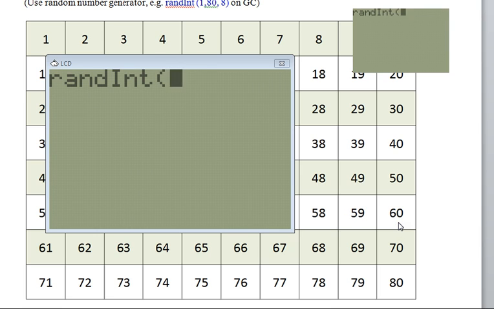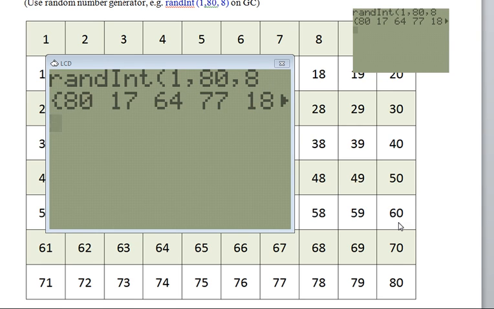Then 1, 80. That means what I'm telling the GC is to generate integers from 1 to 80 inclusive, and I want 8 numbers. I want 8 integers. What the GC comes out with is on this side. So 8 numbers generated, a random number generator.